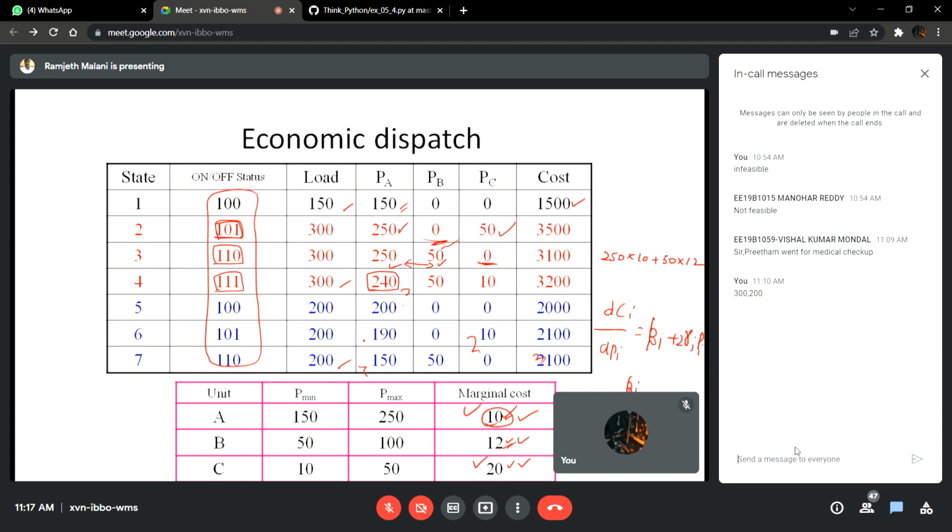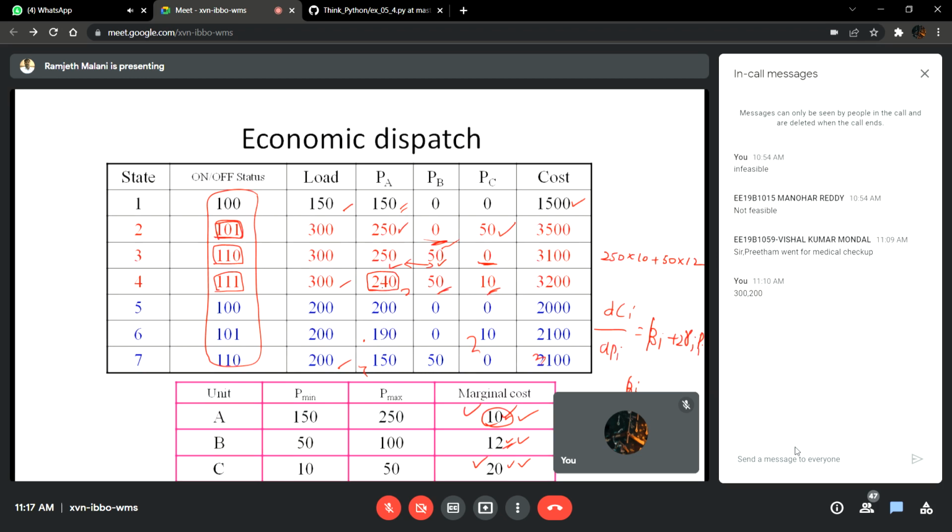It would have been economical if we generated all the 250 megawatt from this particular unit itself, but the state tells that unit B and unit C should be turned on. Unit B's minimum limit is 50 megawatt, so 50 megawatt is applied here. Unit C's minimum limit is 10 megawatt, so 10 megawatt is applied.